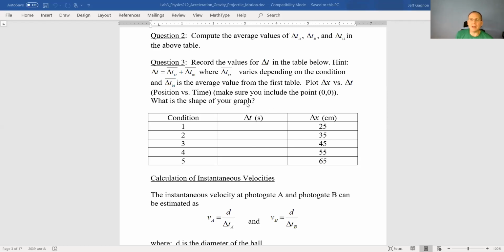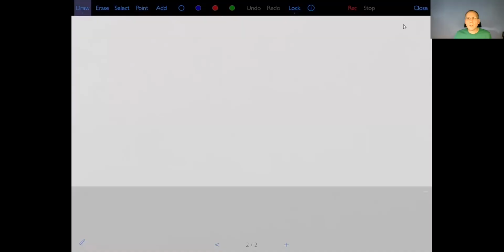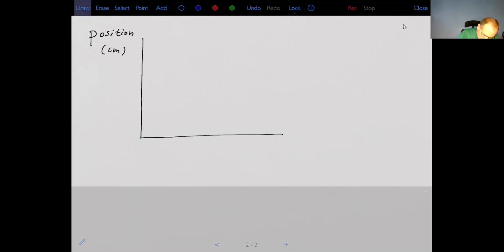Okay, so you have to think about this. Let me go back to the iPad to show you this. Okay, so again, we want to plot position on the y, in centimeters, versus time, and remember it was the total time from the ball dropper to the second photogate on the x.